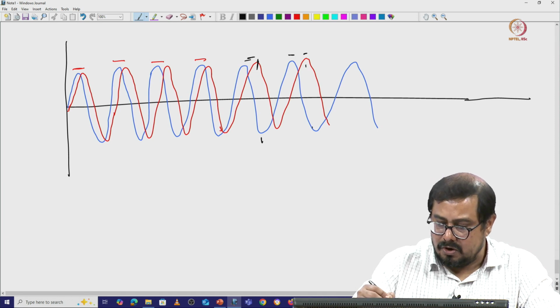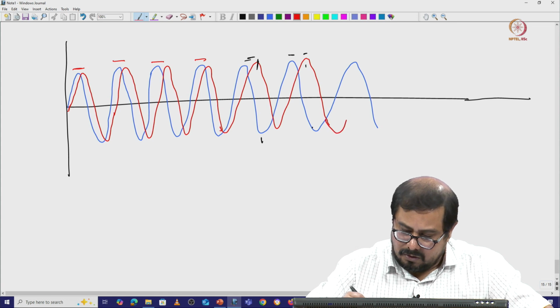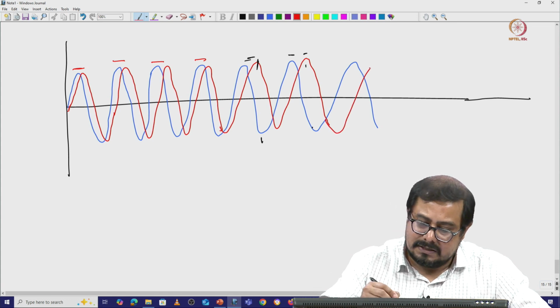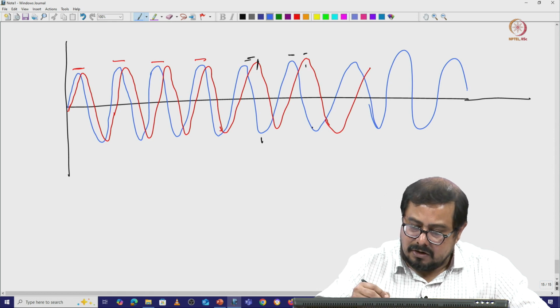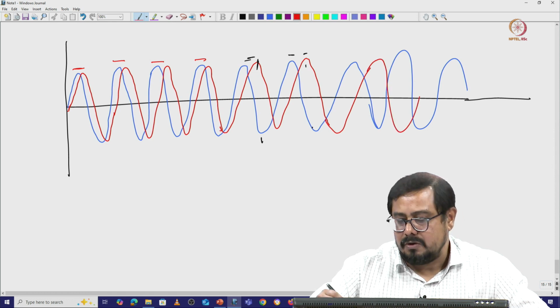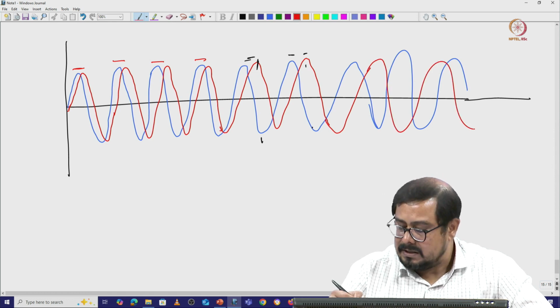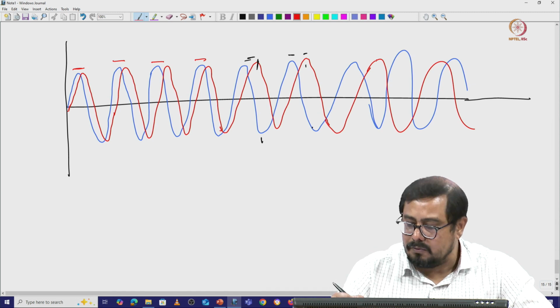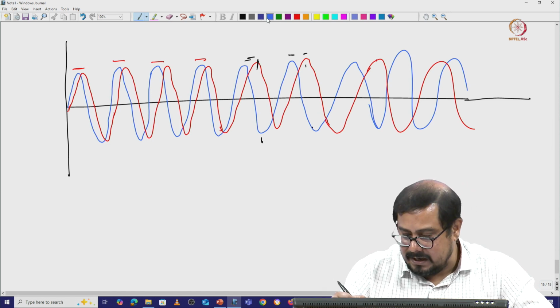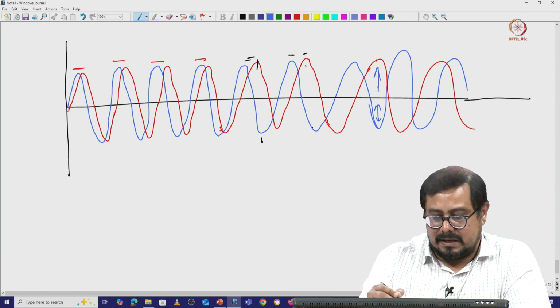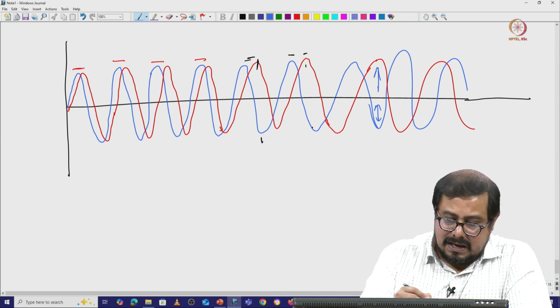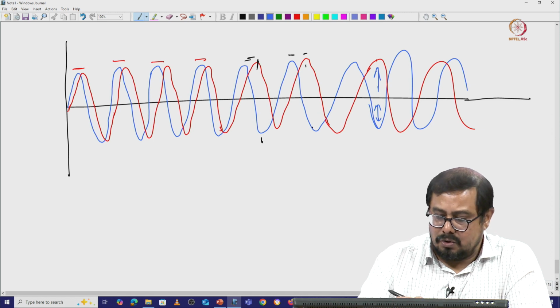If we keep going on like that, with this blue one and the red one, after a certain time both the waves, the blue and the red, are completely opposite to each other. What will happen in this particular case? You can see a boost in amplitude.